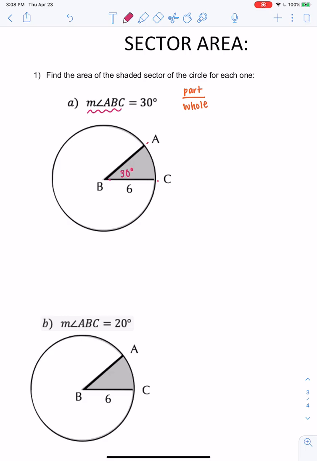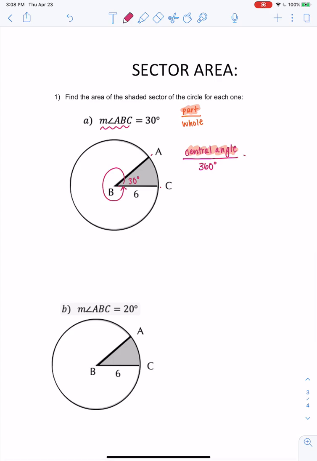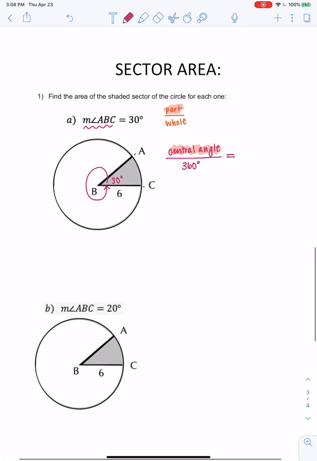We know that this is a central angle, and central angles in total, if we were to go all the way around the circle, are out of 360 degrees. So the part is the central angle. This is going to be equal to the sector area, the shaded area, over the total area in the circle.